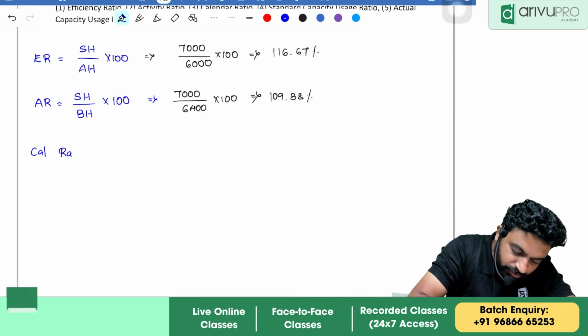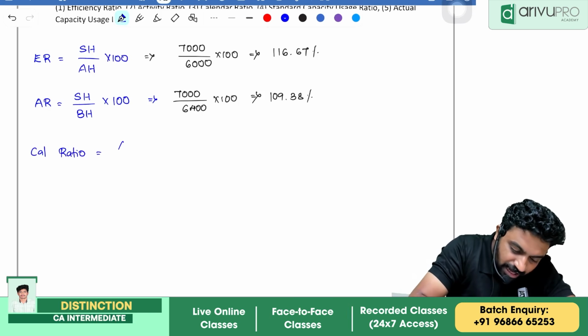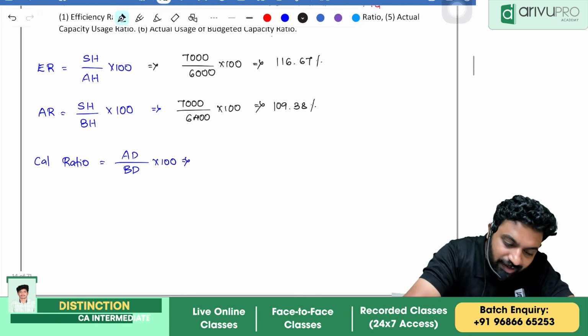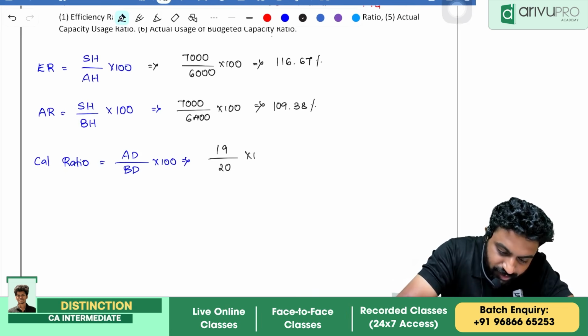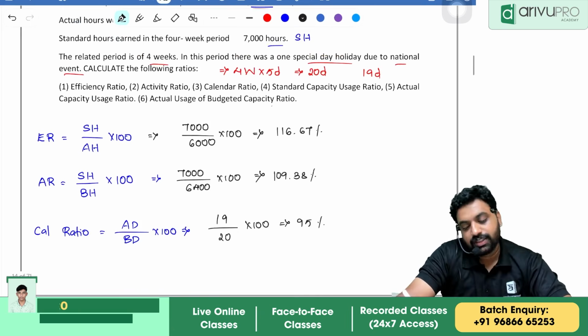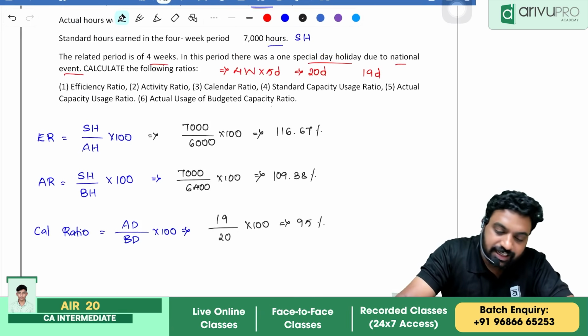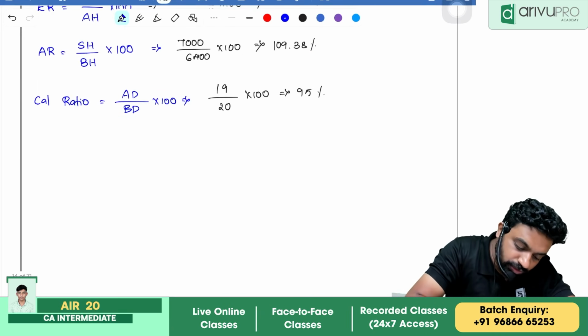Third, what are they asking? Calendar ratio. That is available days divided by budgeted days into 100. Available days are 19, budgeted days are 20, into 100. 95%. Next they are telling standard capacity usage ratio.